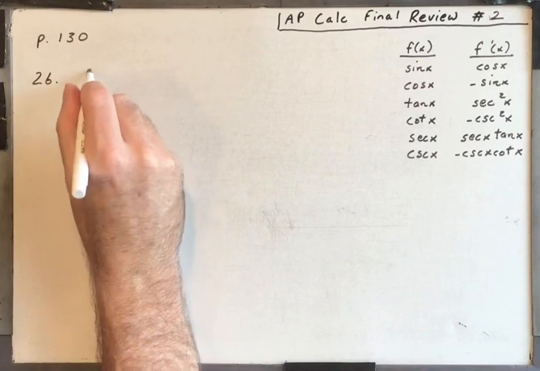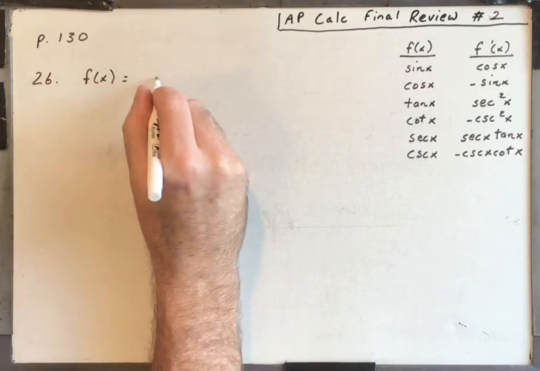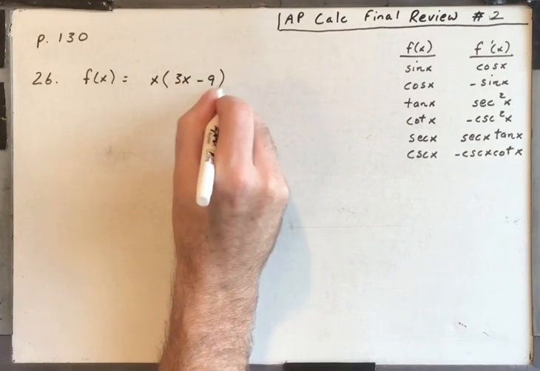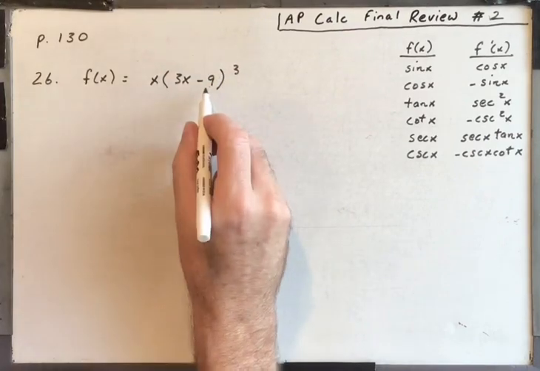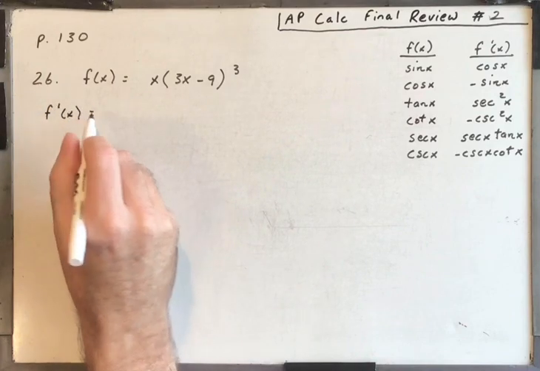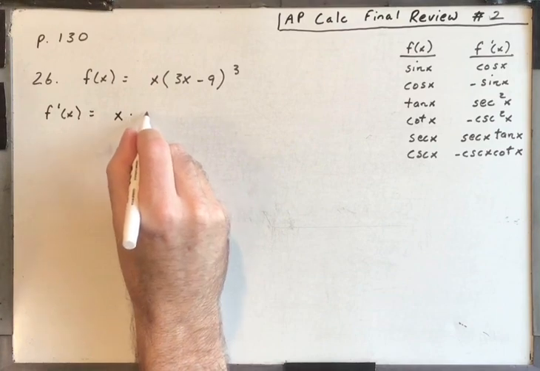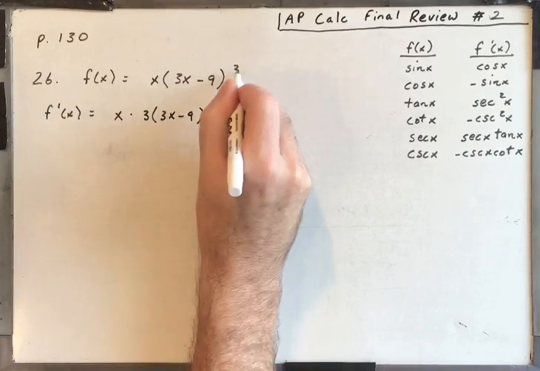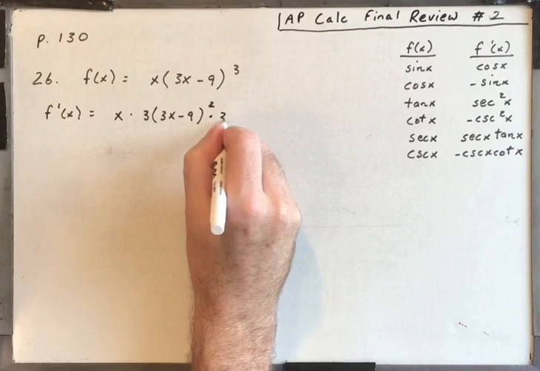Okay, we have f of x is equal to x times 3x minus 9 all cubed. So this is product rule and chain rule. So f prime of x is going to be the first, x, times the derivative of the second. So 3 times 3x minus 9, subtract 1, squared, times the derivative of the block, times 3.